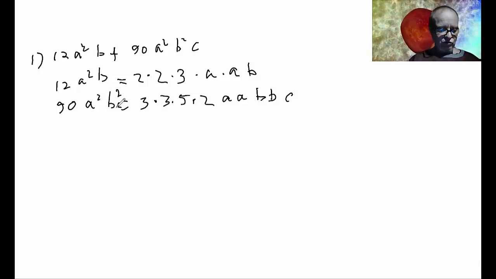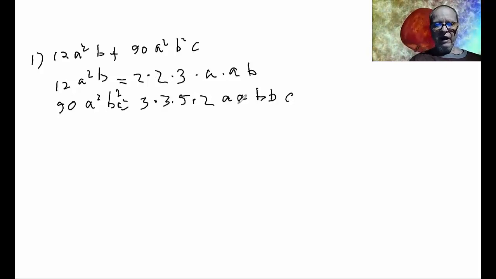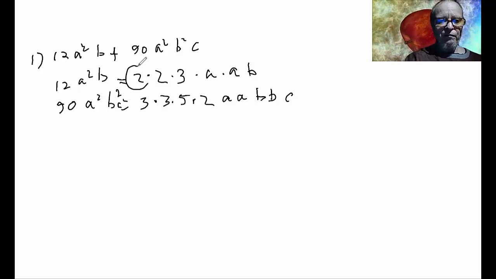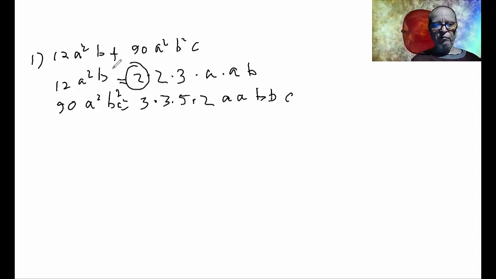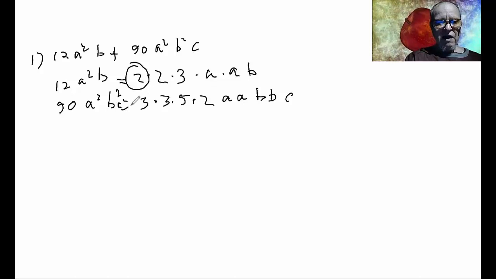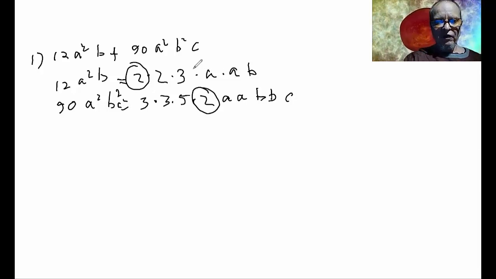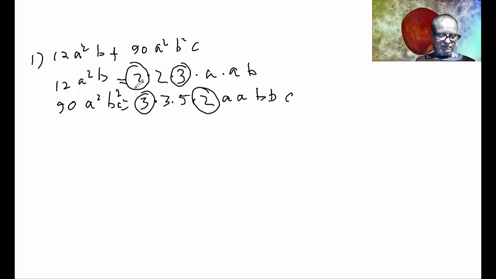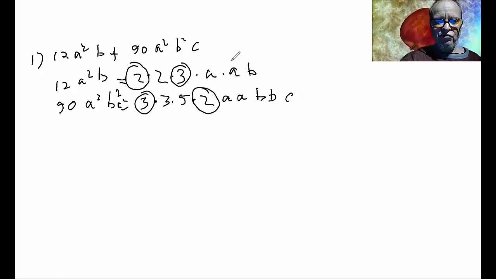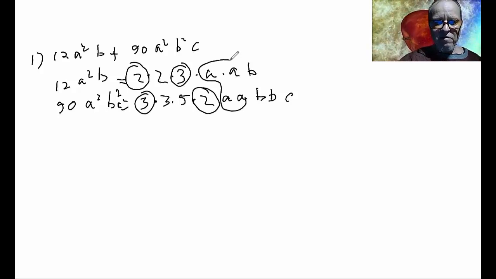Now what we want to do is see what parts they have in common. Well, both 12a squared b and 90a squared b squared c have a 2 in common. And then both of them have a 3 in common. They also have 2 a's in common.